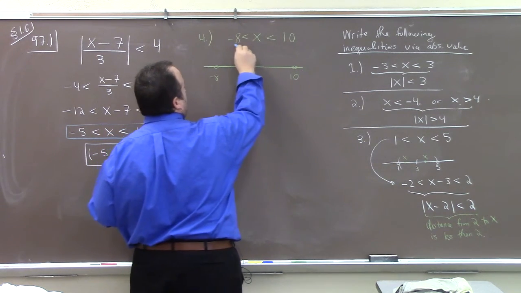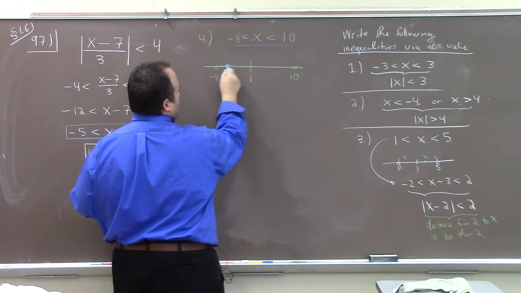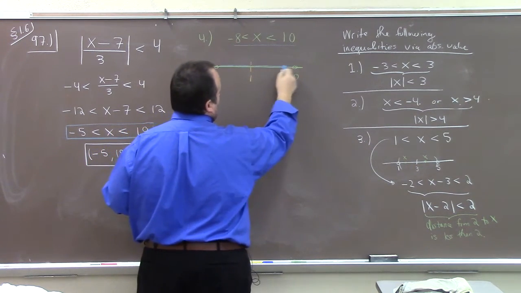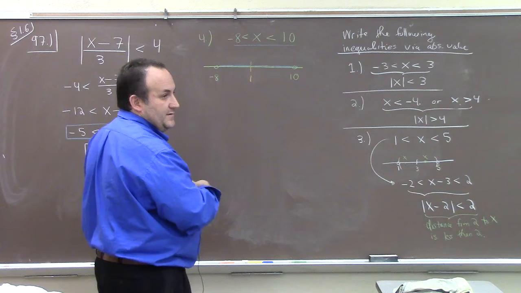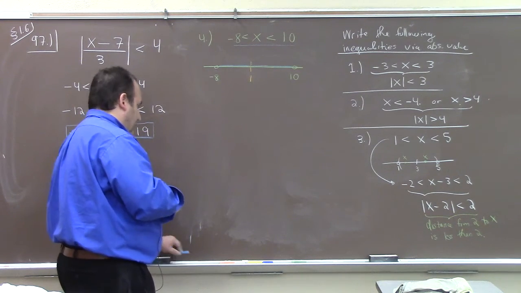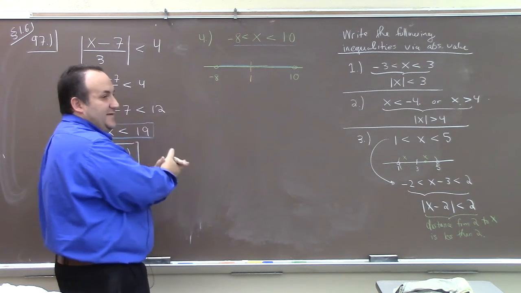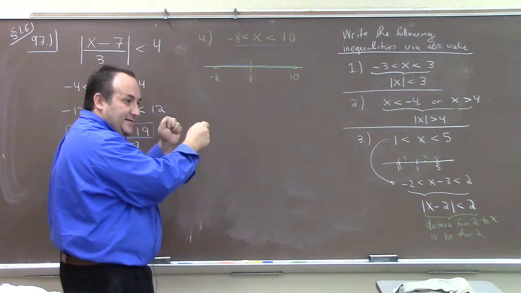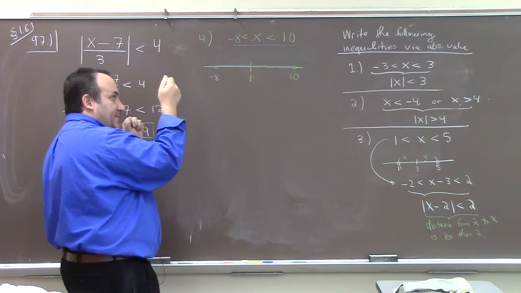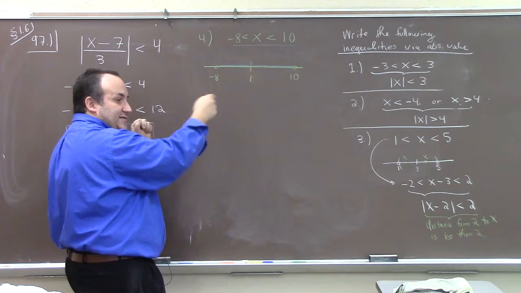So this set right here is all of this, right? We agree? And another way to characterize that set is to say that for any x in there, the distance from the center, which is 1, to that x is at most what?